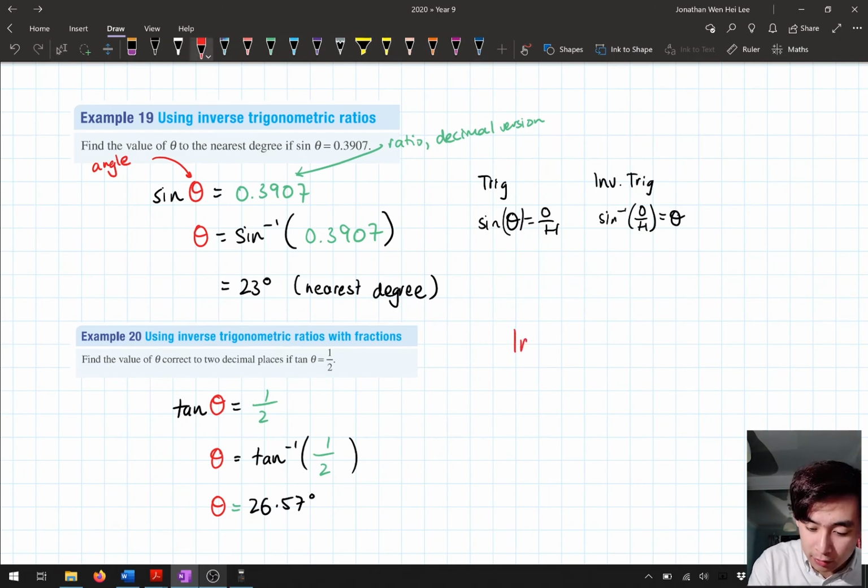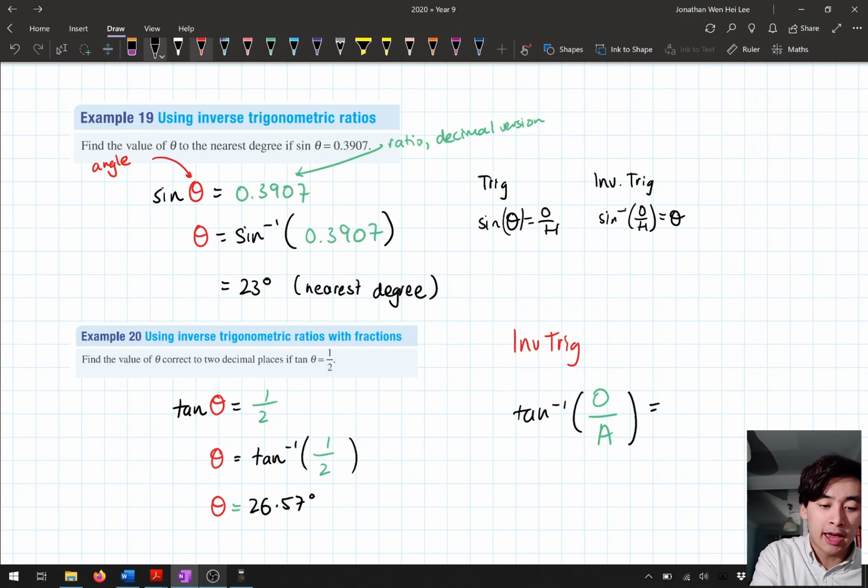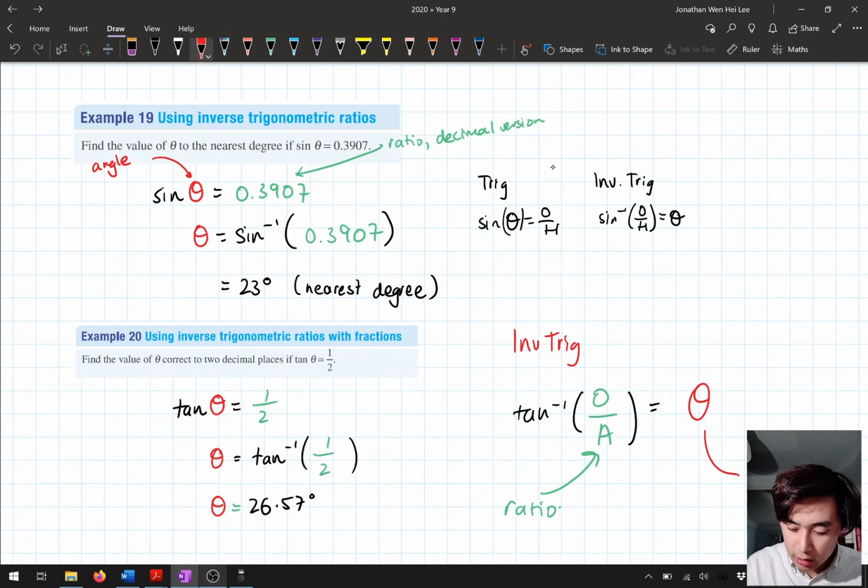So with tan inverse, we put in our ratio, and we get out our angle.